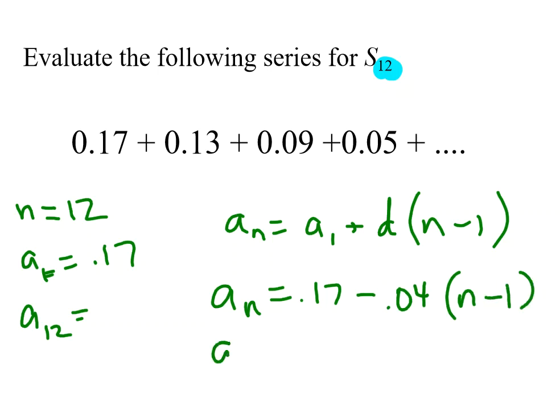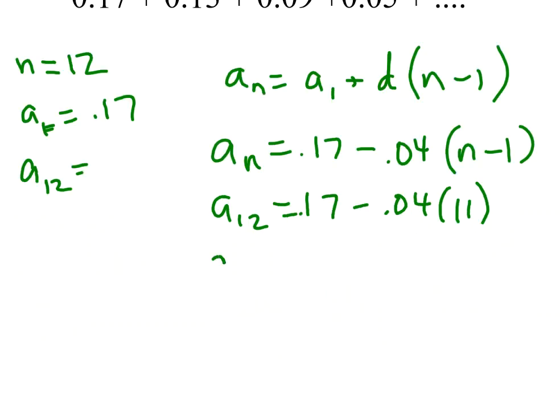So then when I want to find A12, I have 0.17 minus 0.04 times 12 minus 1, which comes out as negative 0.27. I should put the zeros on there.